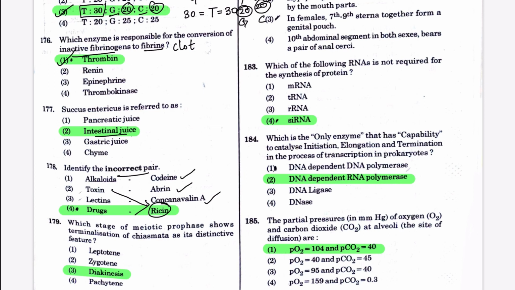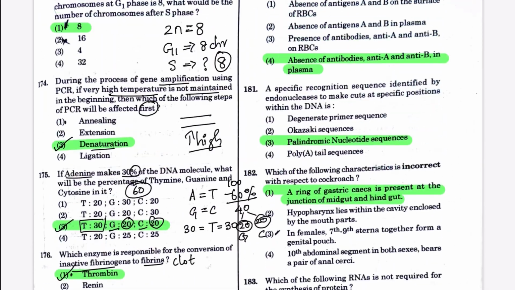Okay, 179, which stage of meiotic prophase shows terminalization of chiasmata as a distinctive feature? Chiasmata is that X-shaped structure which is formed as the result of recombination. This X-shaped chiasmata would terminalize, will end at the stage of diakinesis. So it is diakinesis, right?